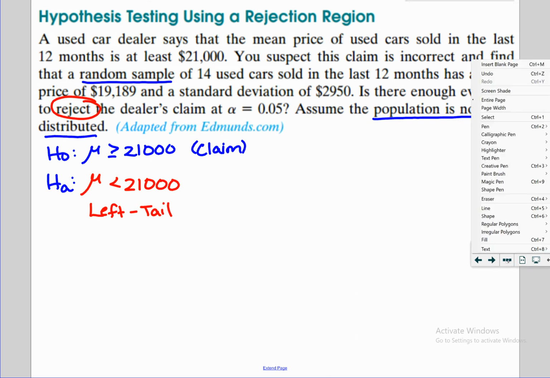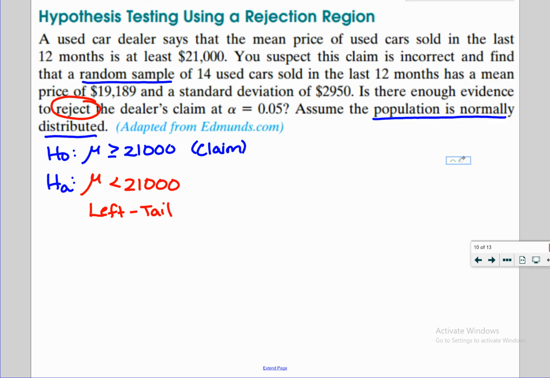Okay, other things that I know, I'm going to go ahead and label them here. My sample size n is 14. The sample mean is 19,189. And my standard deviation came from that sample, so it's an S. And that's my big clue that I'm going to be using t-tests and t-distributions here rather than my z's, which is 2950.